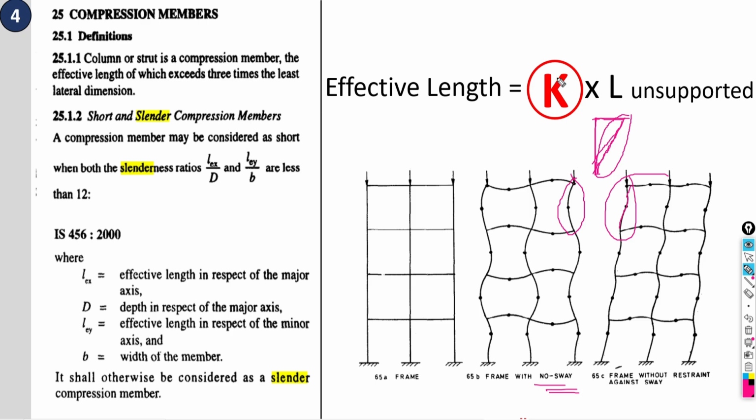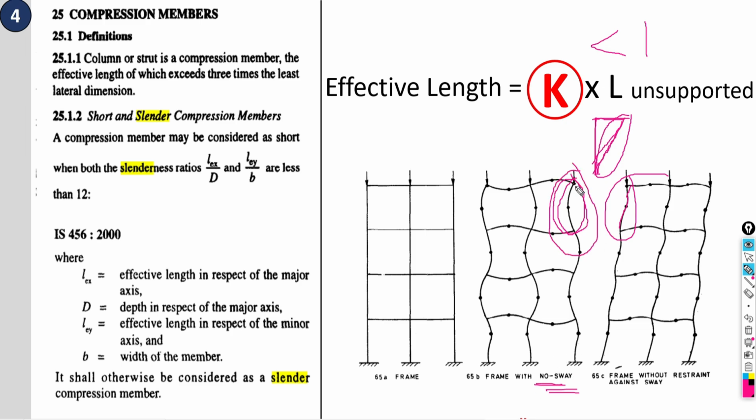And my dear friend, if your column has no sway, meaning there is no chance of extension of your column, your effective length factor value will always be less than 1. Effective length factor will always be less than 1 when there is no sway.